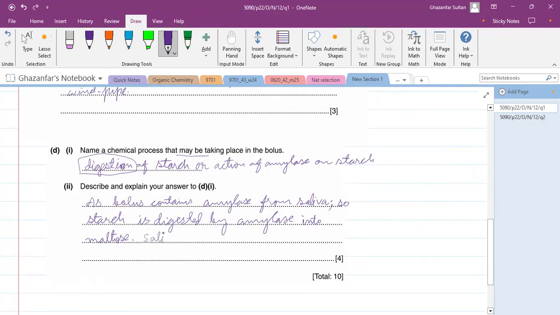That salivary amylase works best in neutral pH. So in this way, you can complete your answer.